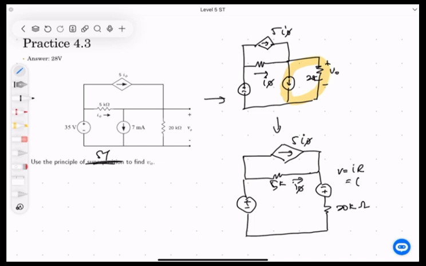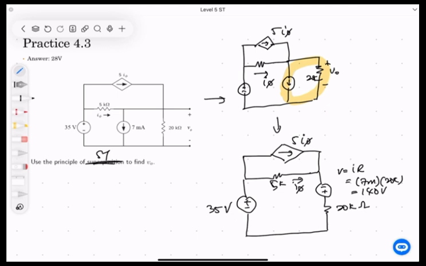My value I is 7 milli, and my R is 20k. That gives me 140 volt. Okay, and then I'm going to put this 35. Okay, so far so good.